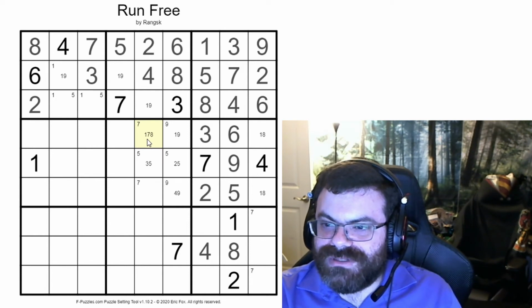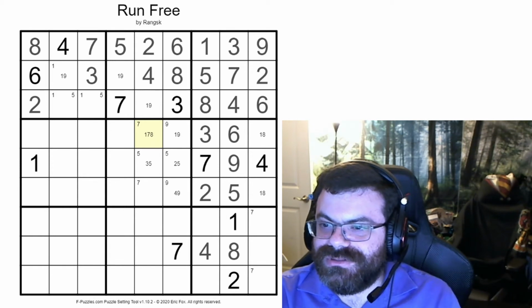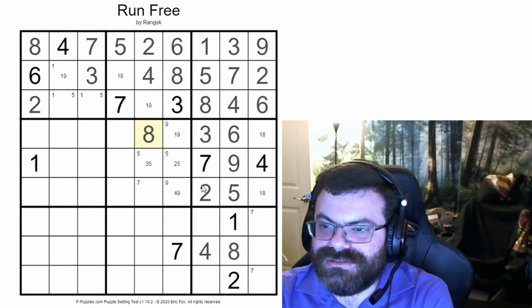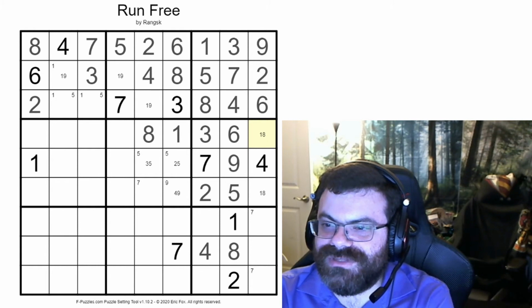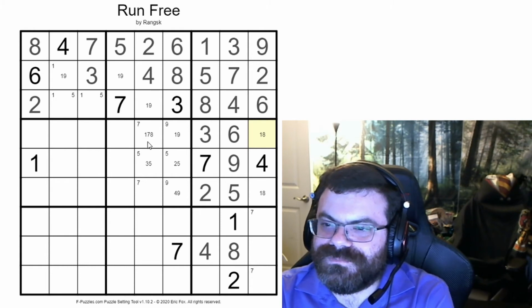what would happen if this value were an 8? Well, if I put an 8 here, then now this square can't be a 9. So it has to be a 1. But then what can this square be? Well, it's got no candidates left, so we've hit a contradiction. So this is, again, something that's a bit difficult to spot.